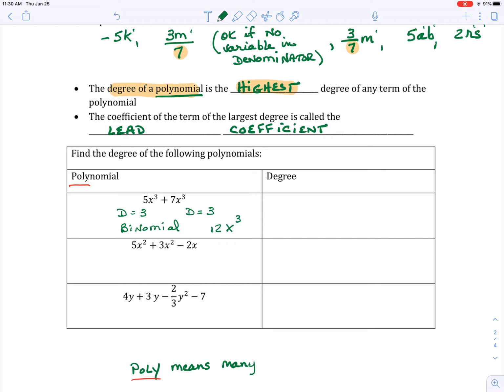We haven't talked about that, but we could add the 5 and the 7 and combine those to get 12x to the third. So this is an example of a binomial of degree 3. And the lead coefficient, I'm going to call this 12.